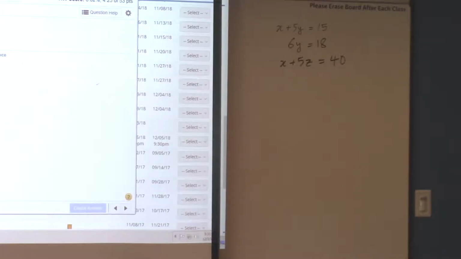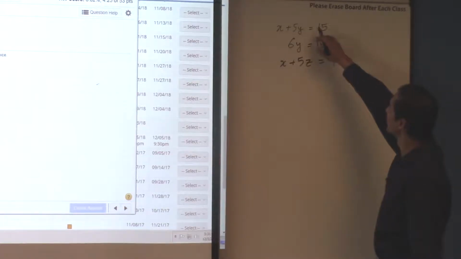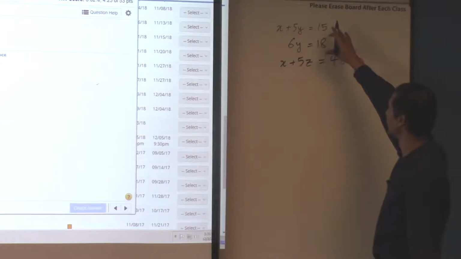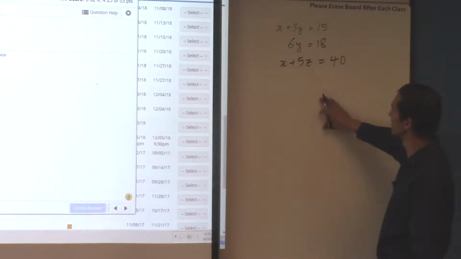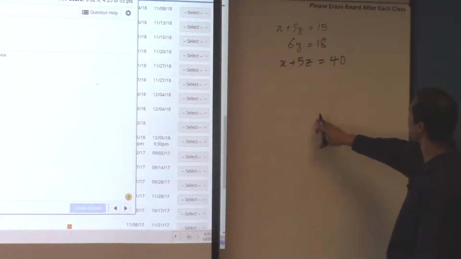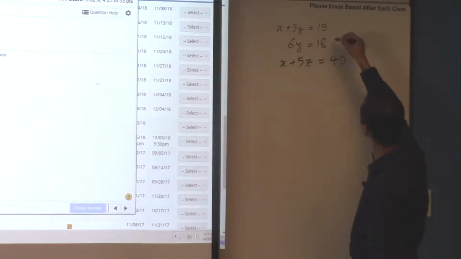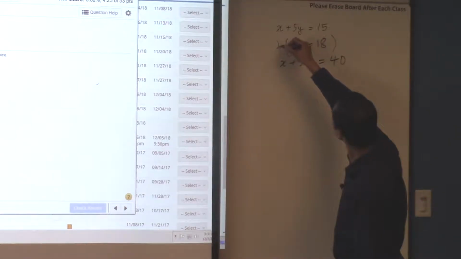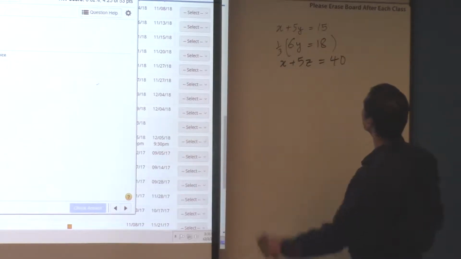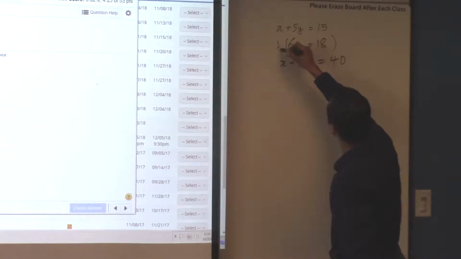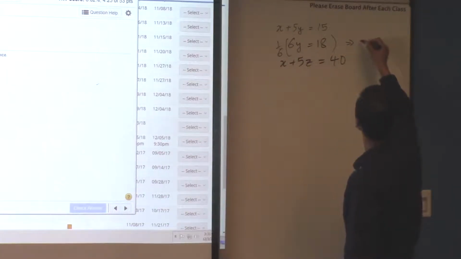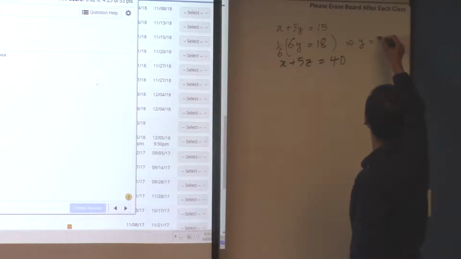What we want to do is eliminate one of the variables and bring it down to 2 equations in 2 variables, and again repeat the process and bring it down to 1 equation in 1 variable. In this case, it's easy to eliminate y because we can even divide this equation by 6 and reduce it to just y equals 3. See that?